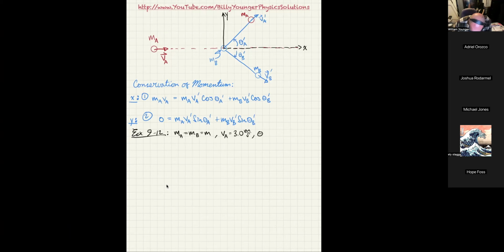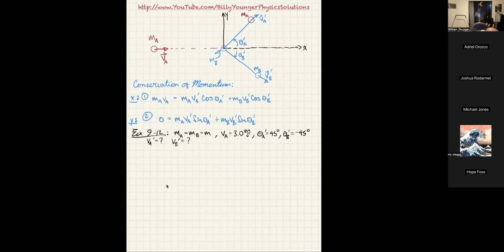We're also given theta A prime is equal to 45 degrees and theta B prime is equal to negative 45 degrees. And of course, what we want to know is VA prime equals question mark and VB prime equals question mark.